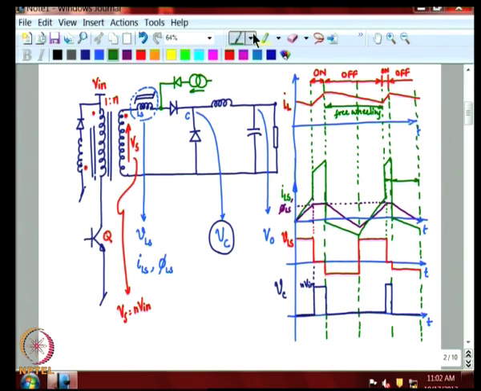So, that would be the shape of the current ILS through the saturating inductor.